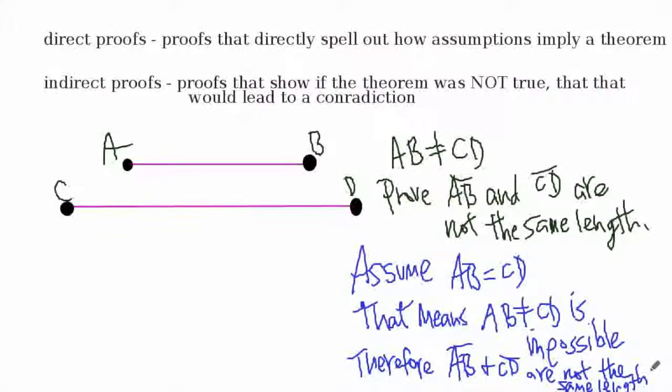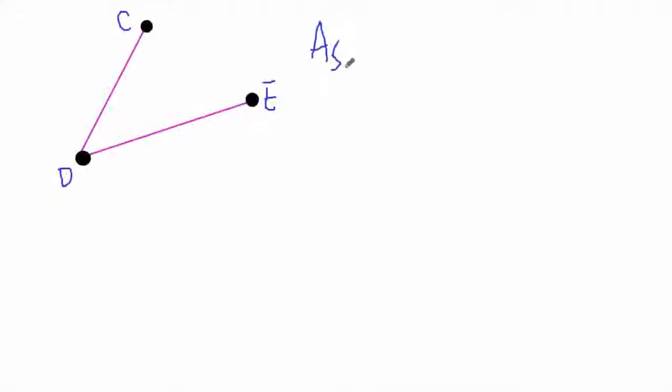Okay, so let's do one proof. Let's finish with this. We'll do one proof both ways. All right, so let me make an angle here, and let's label the points C, D, E. Okay, and we can assume, or it's also sometimes called the givens, because it's given to you for free, you might say.